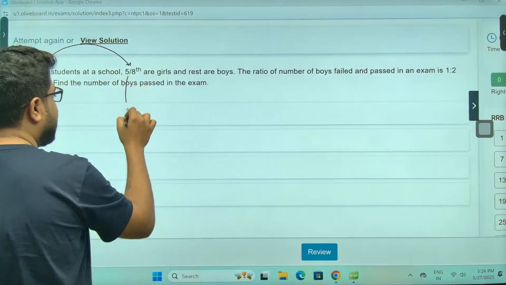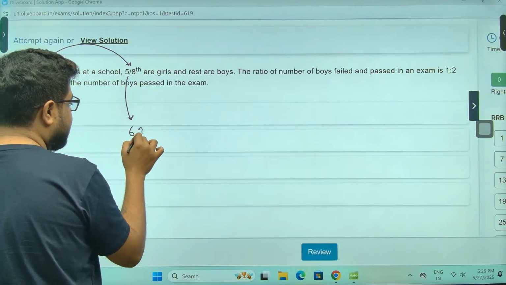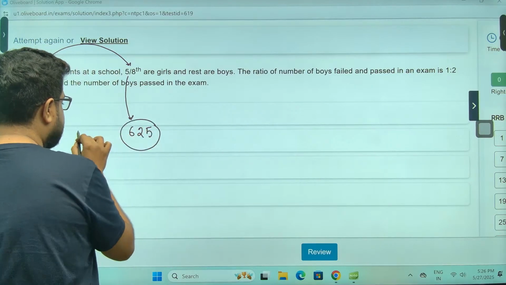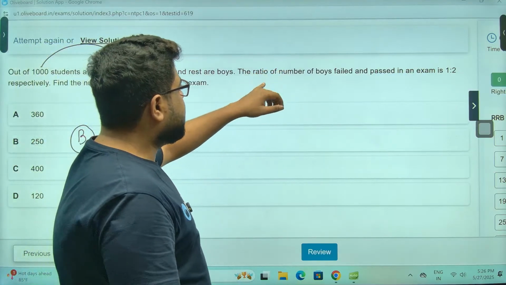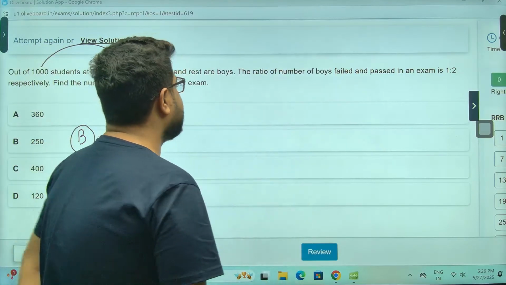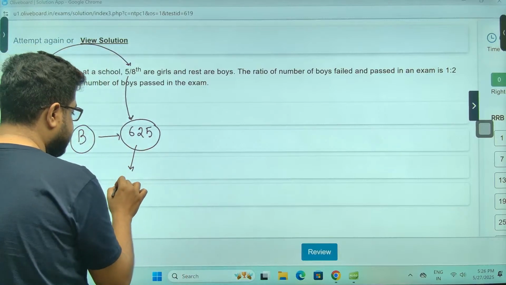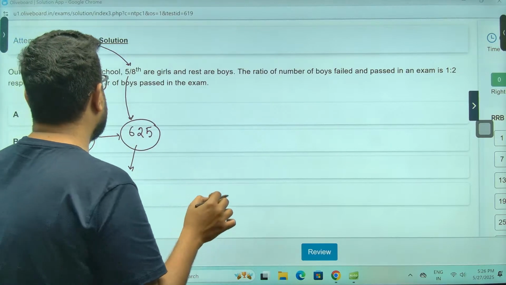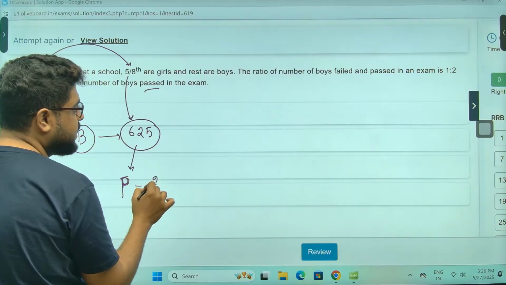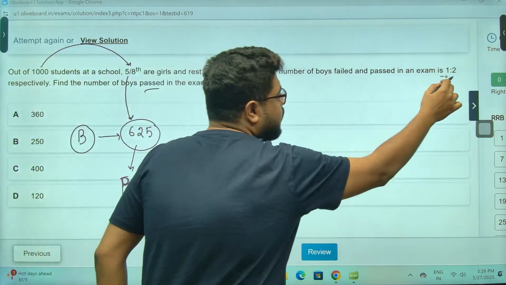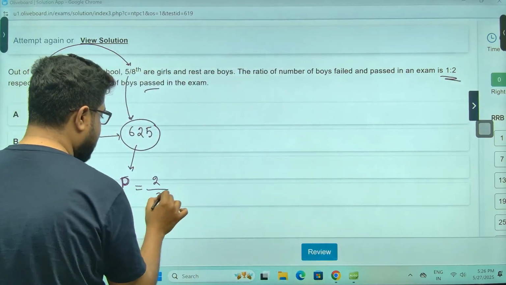So 5 into 125 is 625. They are boys, so the number of boys is 625. Out of them, the ratio of failed to passed is 1:2. They are asking passed, so I don't need to figure out failed. Passed will be 2 parts out of 3 parts of 625.